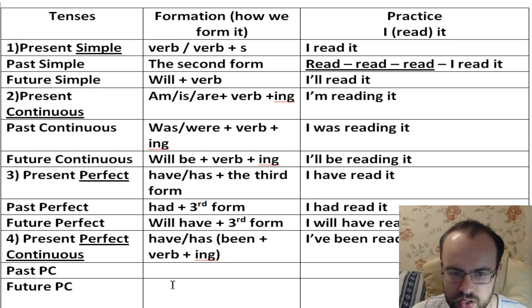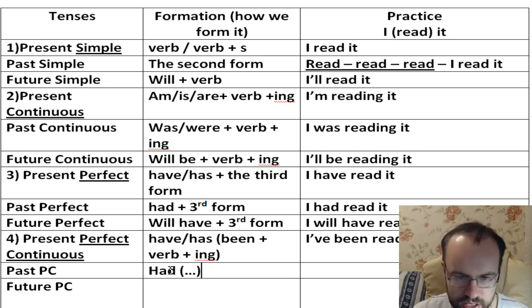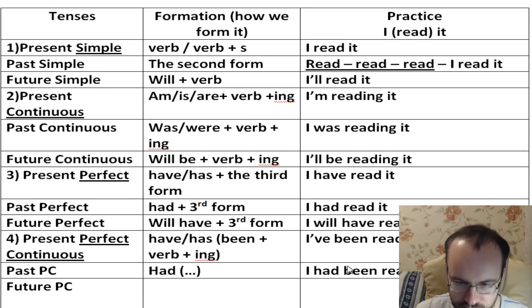So past perfect continuous. Had plus what you had in brackets, so plus been plus verb plus ing. So I had been reading it.